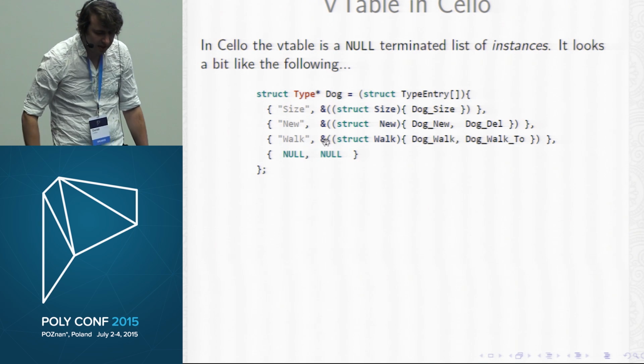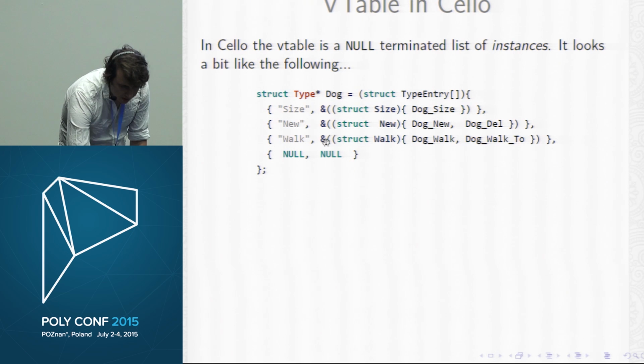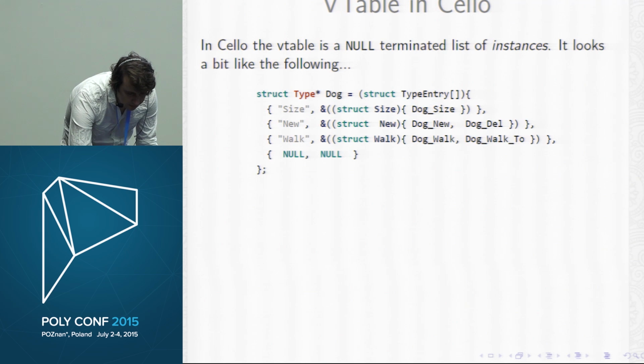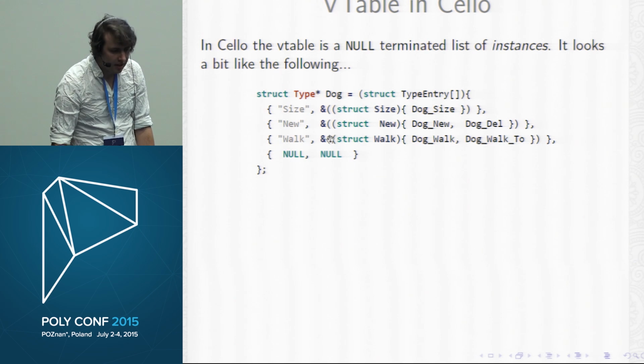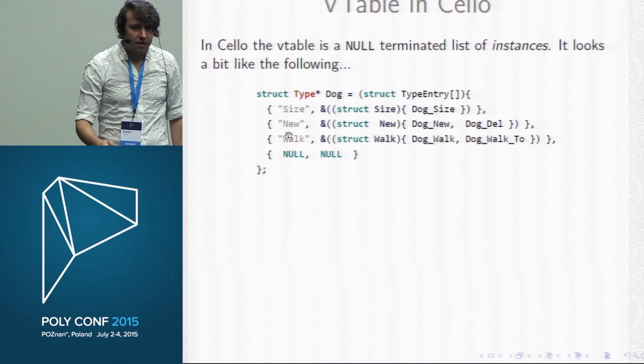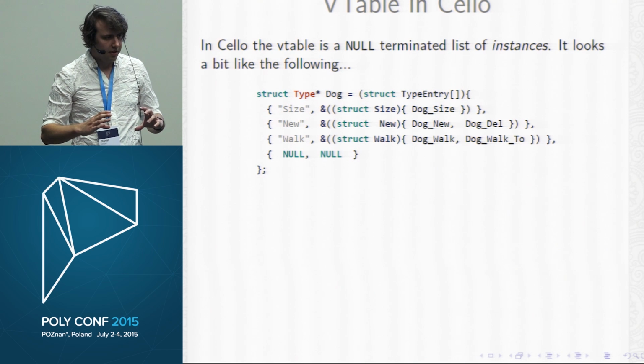And then this ampersand is just taking the address. So this Dog type is like the vtable for this dog. And it has a whole bunch of these instances of these type classes. They're tagged with strings in this case, but you can tag them with other stuff too. Basically, you just want a big table of the different behaviors.